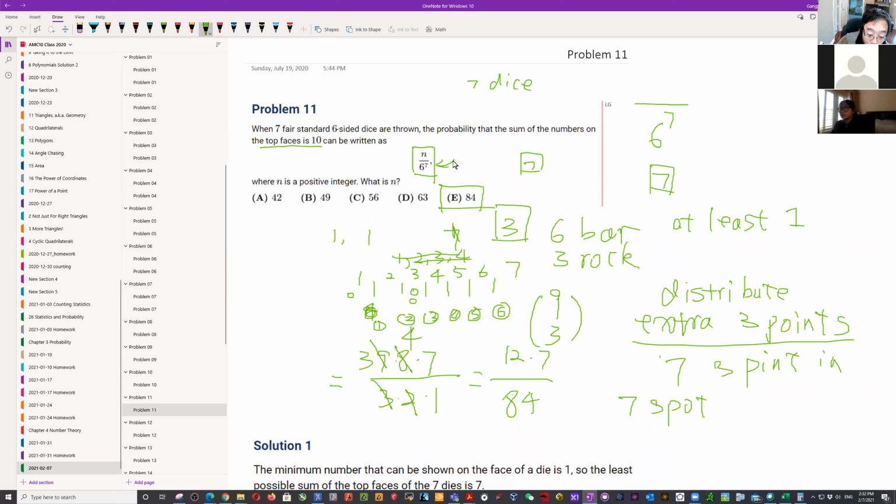So basically I can allocate those 3 points here, here, or here. If I allocate this way, the first dice is 2, the second dice is 1, the third dice is 3, and 1, 1, 1, 1. So it's arranged this way. This representation is actually a very famous trick called stick and stone.